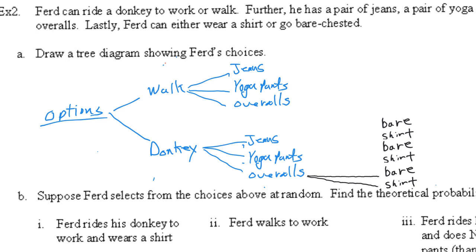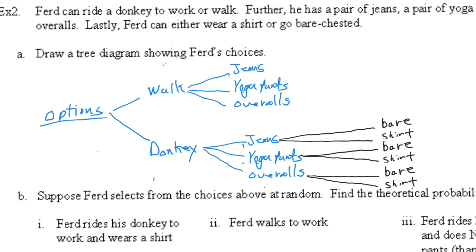We literally have two choices for the yoga pants, which would be shirt or bare. And then we also have two choices for the jeans as well.